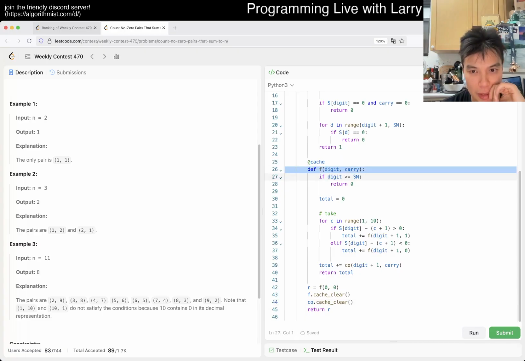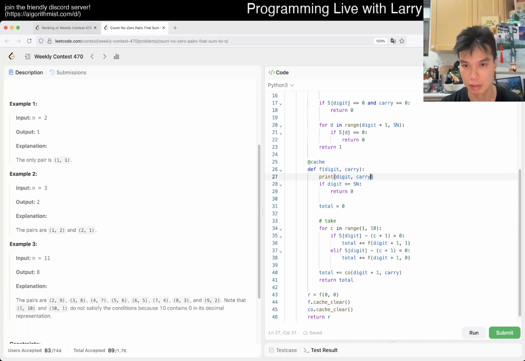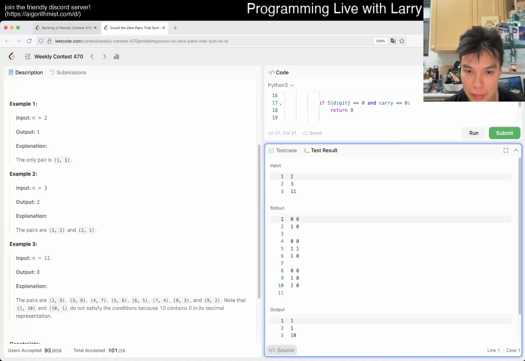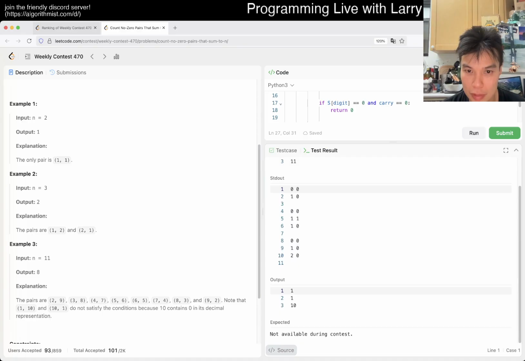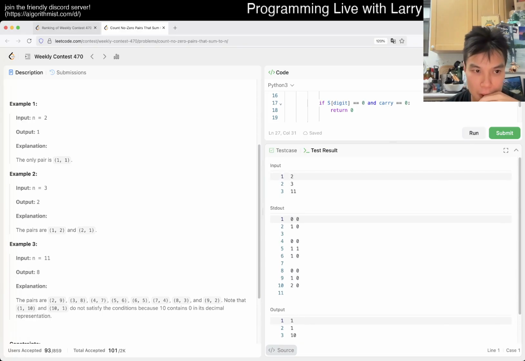110. Why did I have 110? 1. Okay, so then now this should be, so this should loop from, let's see. It goes from 0, 0. Yep. 1, 1.